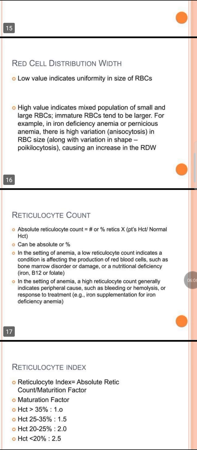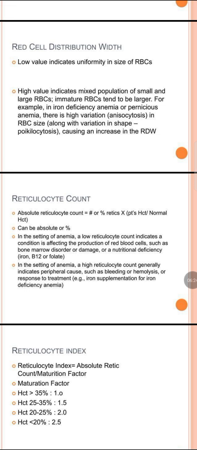RDW: a low value indicates uniformity in the size of the red blood cells. When the size of the red blood cells tends to vary, a high value indicates a mixed proportion of small and large red blood cells. Immature red blood cells tend to be larger.